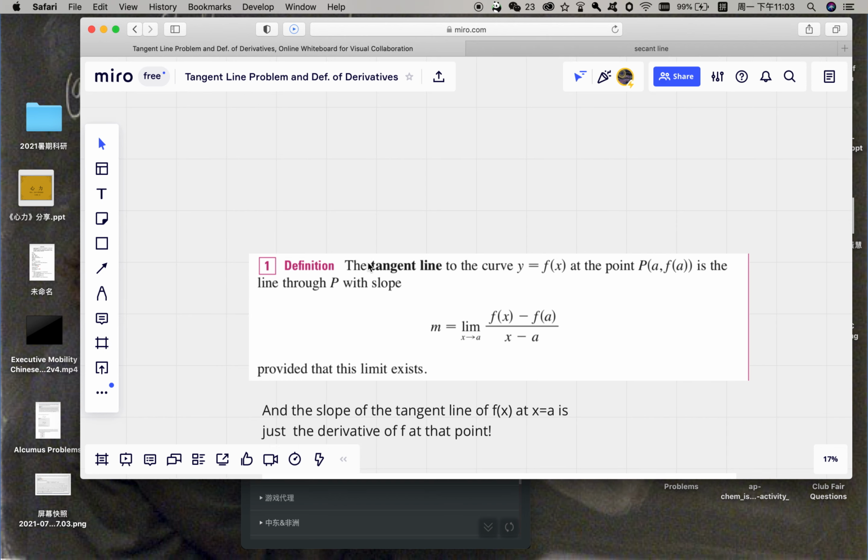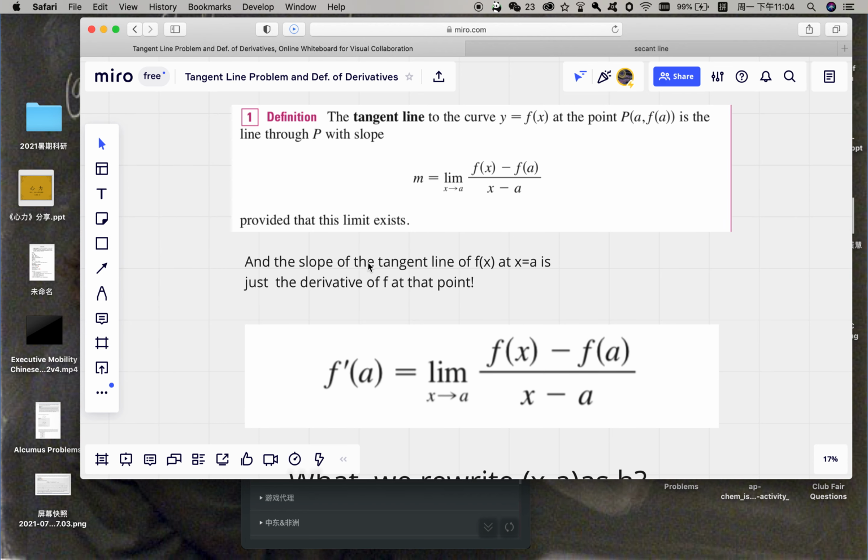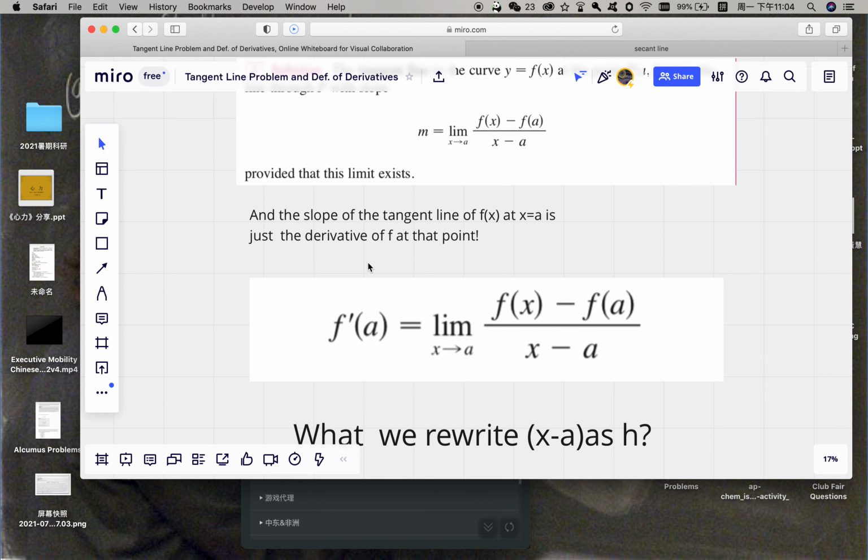And this slope of the tangent line at x equals a is just the derivative of f at that point. So we denote the derivative of f at x equals a as f prime of a, and this limit is identical with the one above. There's another equivalent definition of derivative when we rewrite x minus a as h.